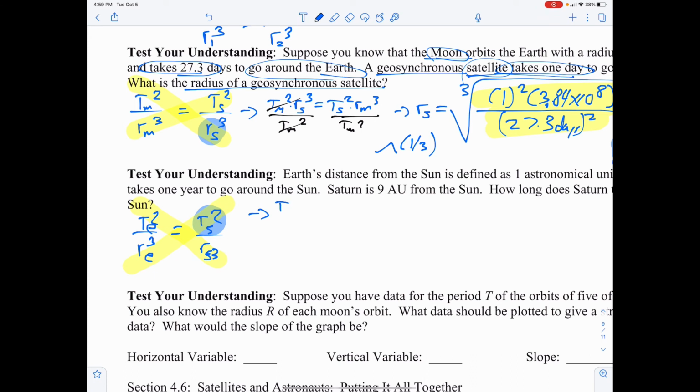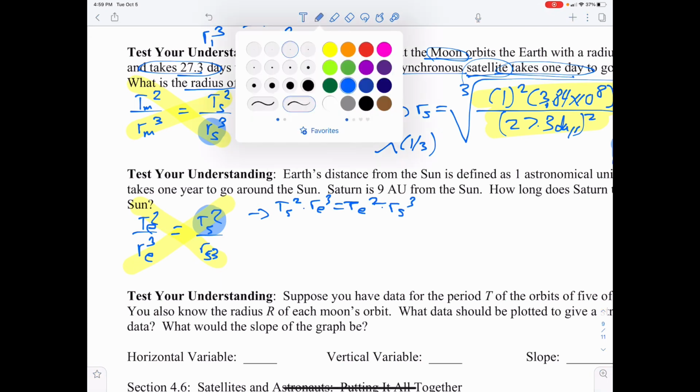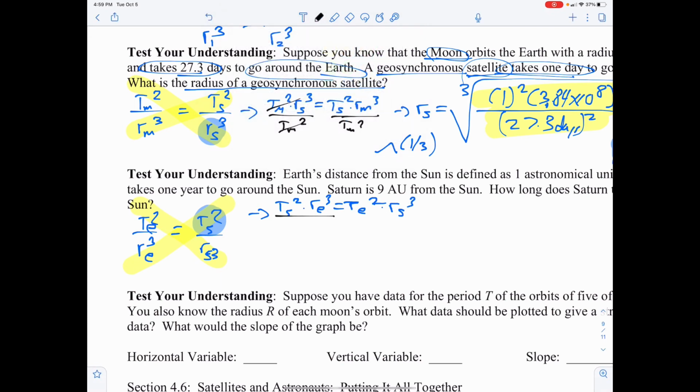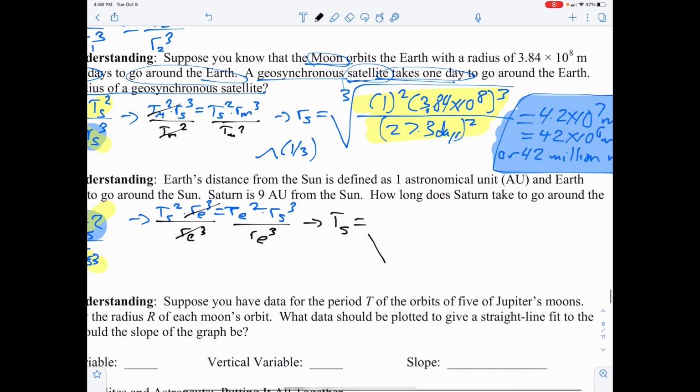So, Ts squared times Re cubed equals Te squared times Rs cubed. Divide away the Re cubed. And the period would be the square root, because I have to square root to get rid of the square. It's going to be the square root of the period of Earth.